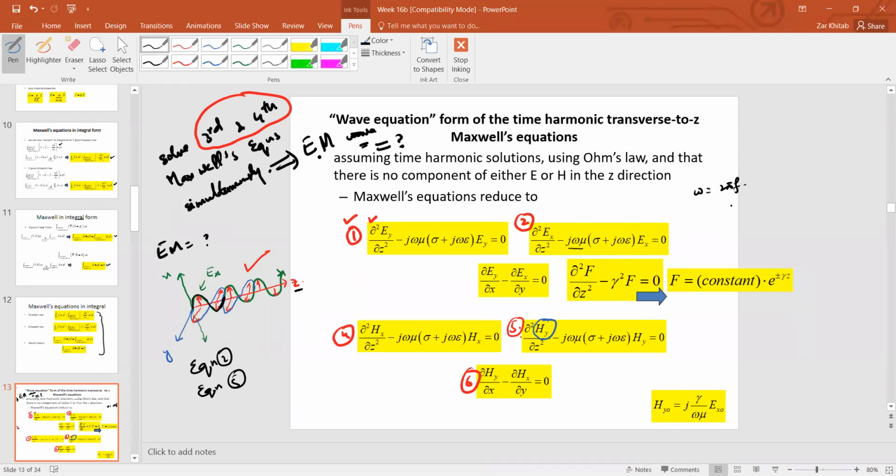Okay, you know that. Mu is mu naught mu r, the medium parameter. Okay, and then sigma is conductivity of the medium.